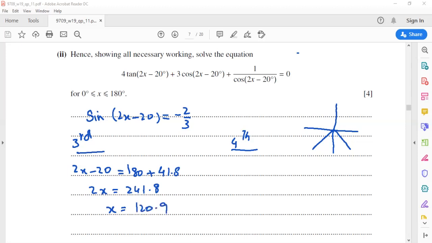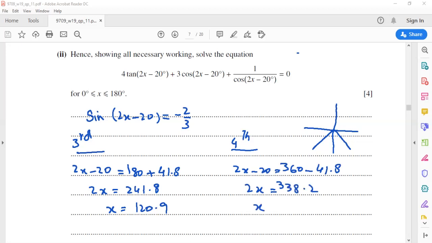Now, if we go to the fourth quadrant, then 2x minus 20 is going to be 360 minus the value shown on the calculator, that was 41.8. If you do all the simplification by subtracting and then adding 20 and dividing by 2, we have 360 minus 41.8 plus 20, and this gives us 338.2.